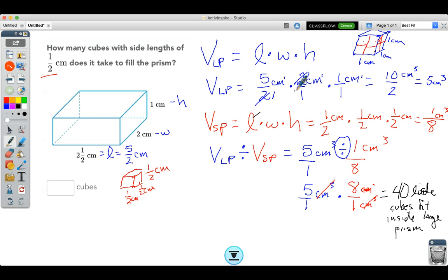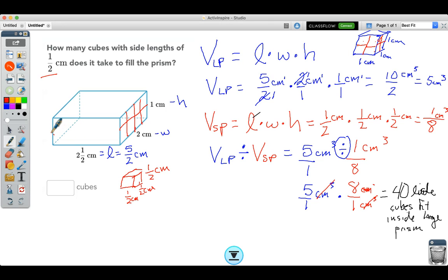If we want to try and visualize this, we can think, how many of these half cubes fit on this side? If it's 1 centimeter tall, a half centimeter cube would be up here. And if it's 2 centimeters wide, look, 4 across, 2 up.